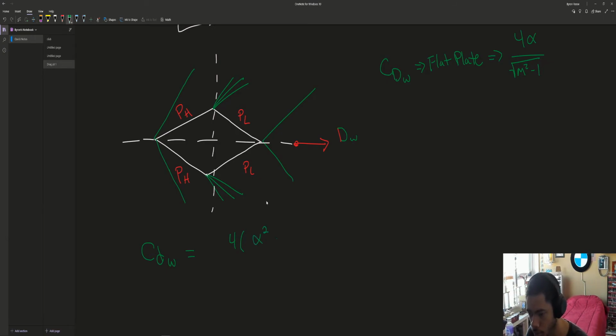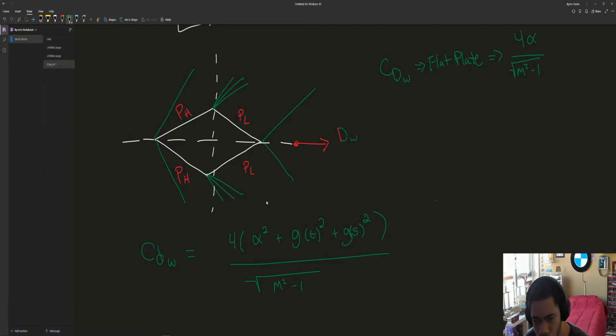Alpha squared plus g of t squared plus, how did I write this? g of s squared, divided by the square root of M squared minus 1.